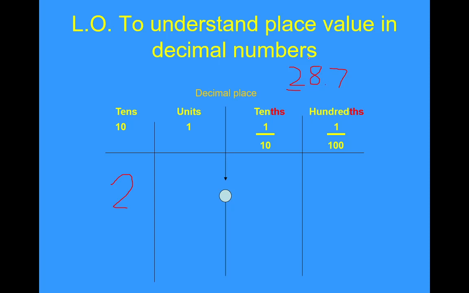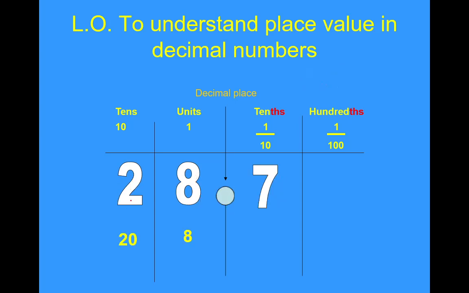We'll need a decimal point, and we'll need how many tenths? We'll need 7/10. Easy. 28 and 7/10, or 28.7. Let me just get rid of my scribbles, sorry. So that would be 2 tens, or 20, 8 ones, or 8, and 7/10. 28.7.